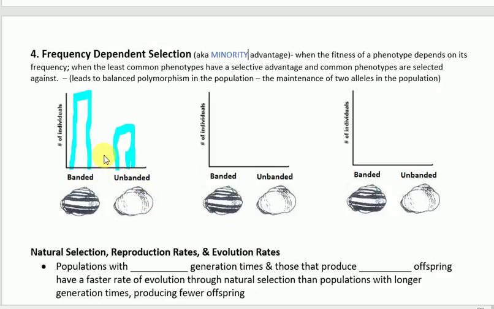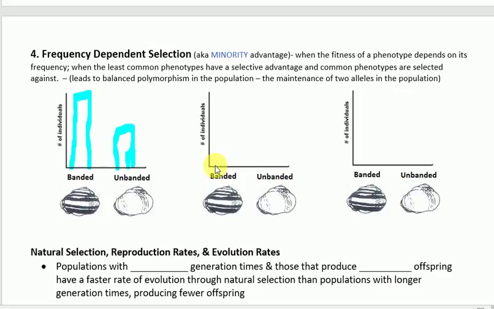So what's going to happen is that right now, all the fish in the surrounding life in that area know to eat the banded because that's what they're used to. So it is basically being selected against because this is what's being eaten.